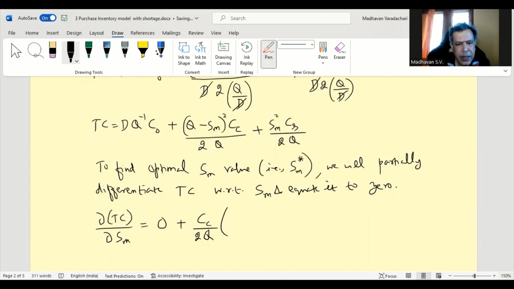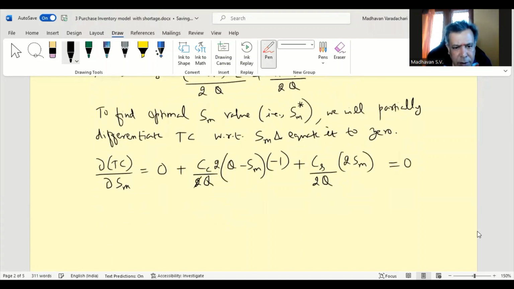Now, if you differentiate this Q minus SM the whole square, it becomes 2 times Q minus SM, and then you need to differentiate the inside term. If I differentiate Q, it is 0, minus SM, if I differentiate it with respect to SM, it is -1. Plus, here again, CS divided by 2Q is considered as a constant. Now, if I differentiate SM square, it is 2 times SM. Now, this is equated to 0.